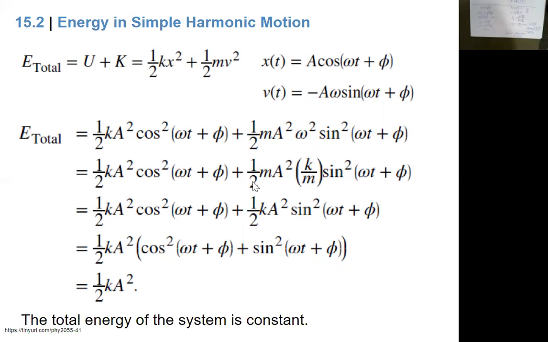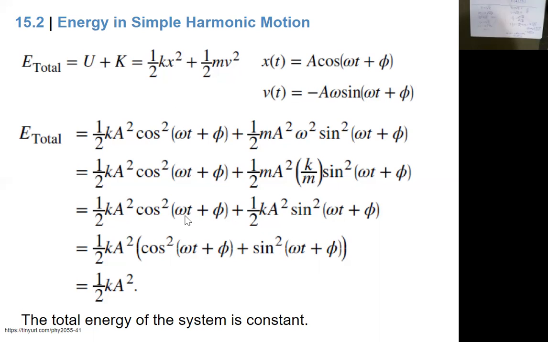So the second term becomes 1/2 k times A squared times sine squared of (omega t plus phi). The first term is 1/2 kA squared cosine squared. So the 1/2 kA squared, you can single it out.